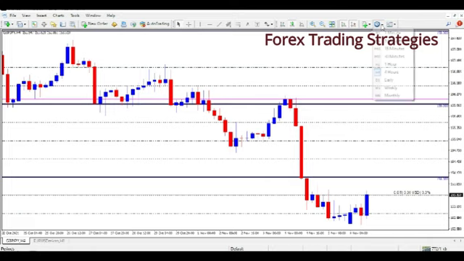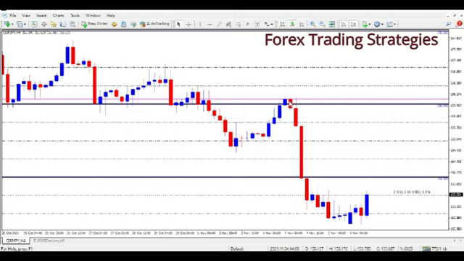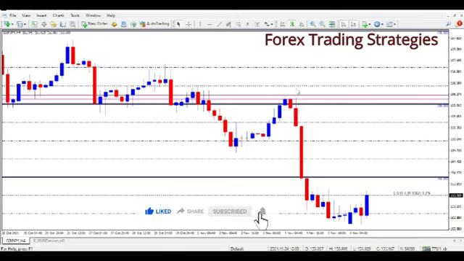For example, this is a 4-hour chart. How would I have entered this? Of course, I observed price going up, going up, going up. Then at the close of this candle, I did observe that the highest of the bearish candle did not come back to the high from the previous candle.